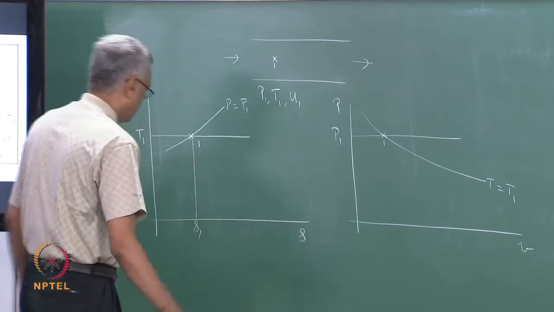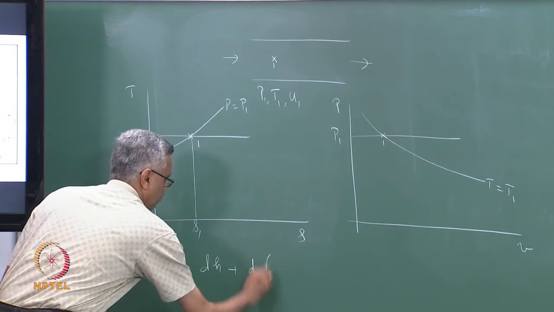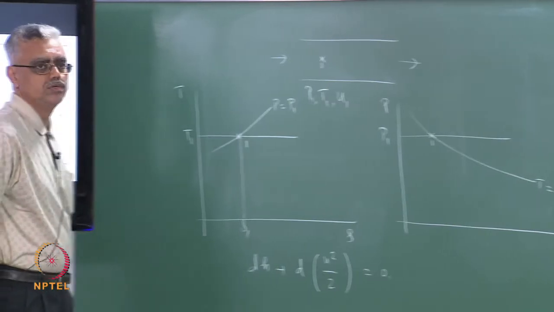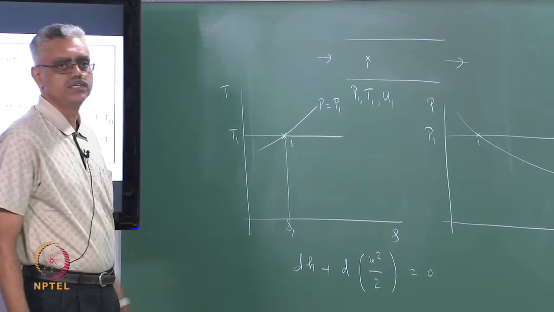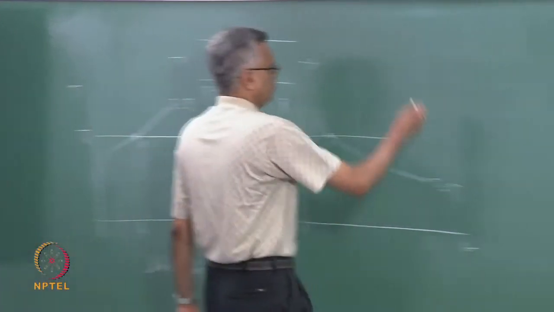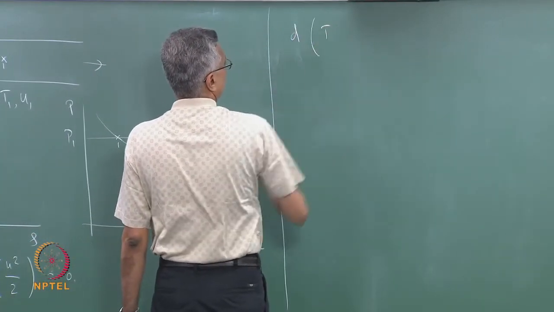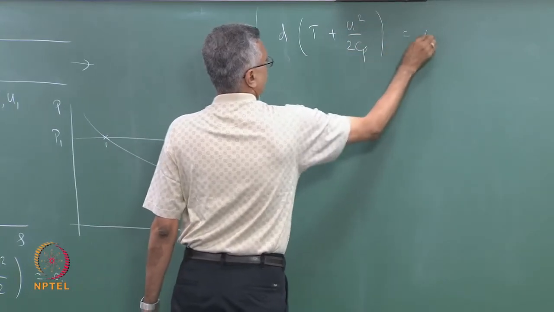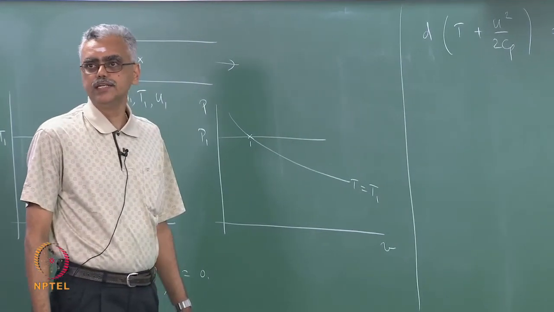If you remember, we wrote down the energy equation as dH plus d of u square over 2 equal to 0, and if I make use of the fact that H is equal to Cp times T for an ideal gas, I can rewrite this equation as d of T plus u square over 2 Cp equal to 0 in the absence of any heat addition.